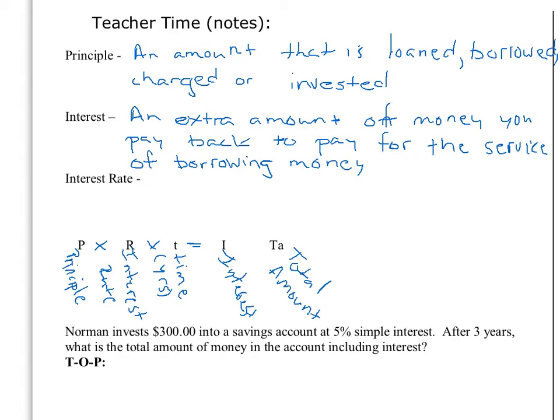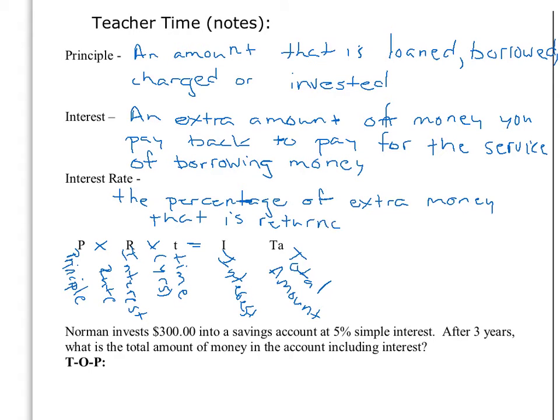All right, so interest rate, that's just the percentage of extra money that is returned. So the higher the interest rate, the more extra money that you're going to have to return.